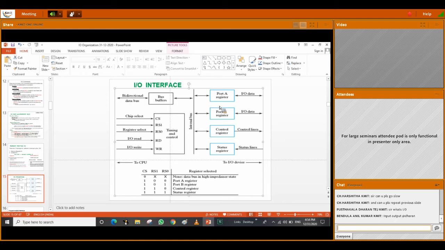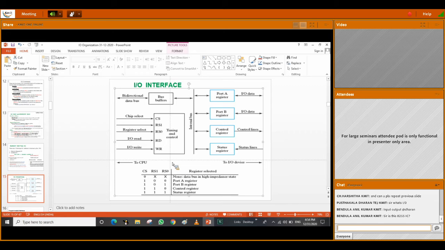The control register is selected when RS1 is 1 and RS0 is 0. And the status register is selected when RS1 is 1 and RS0 is 1.